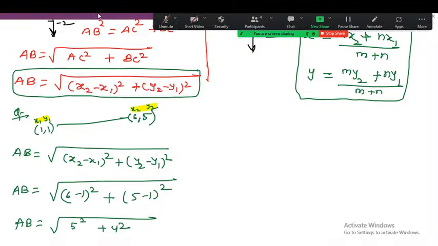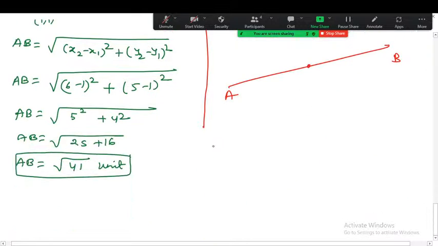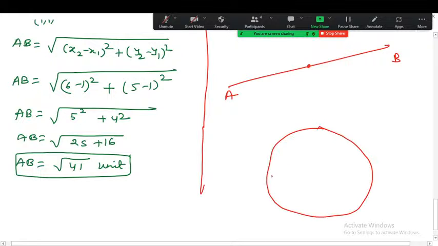In the section formula, one more case may arise when we are intersecting it at the middle point itself. How does it come that we are intersecting like this? Let's say I have the diametric ends as (4, 7) and (10, 11), and now we want the coordinates of this center.